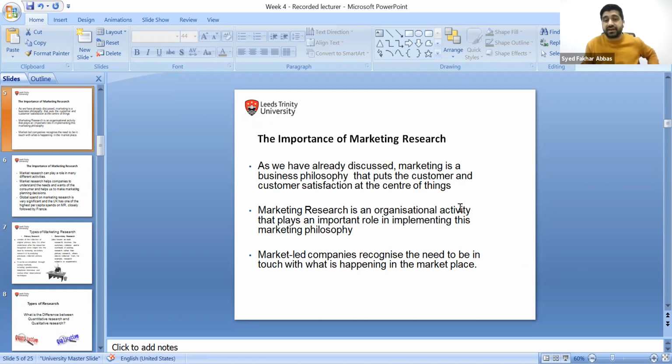Marketing research is an organizational activity that plays an important role in the implementation of this marketing philosophy. Marketing-led companies recognize the need to be in touch with what is happening in the marketplace. So the main focus of market research is that every company wants to know what is going on around the marketplace.